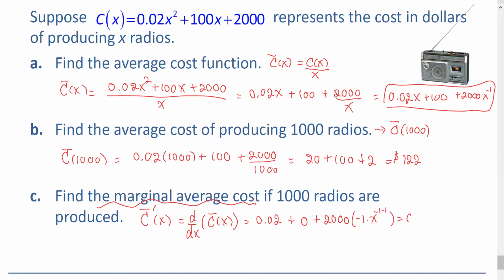Simplified, that is 0.02 minus 2,000 times x to the negative second, which is the same as C bar prime(x) equals 0.02 minus 2,000 divided by x squared.